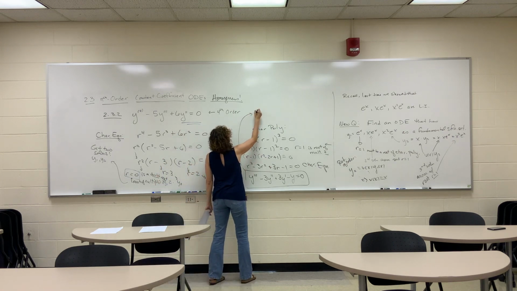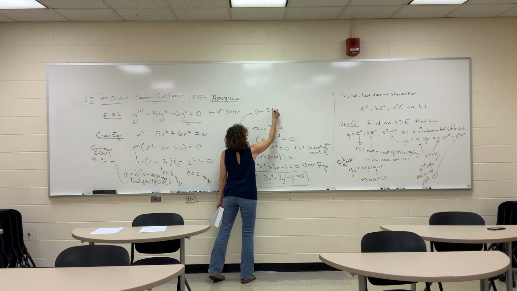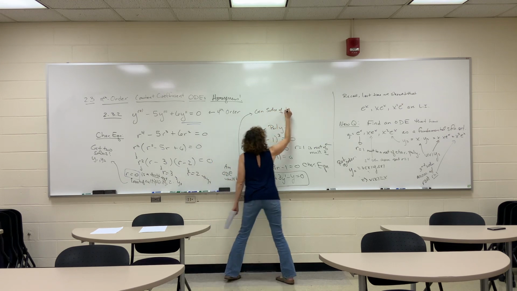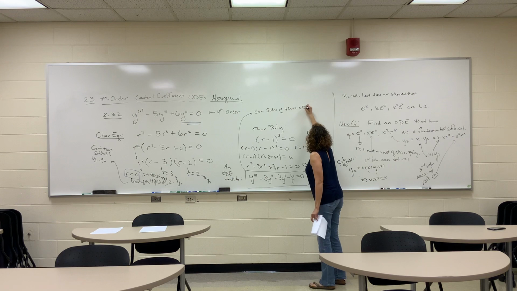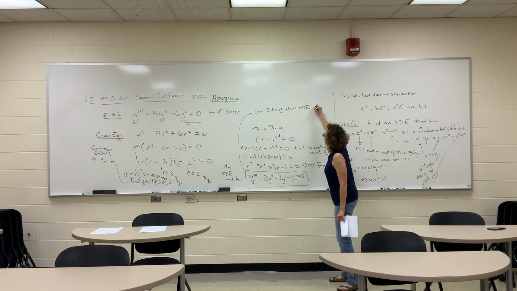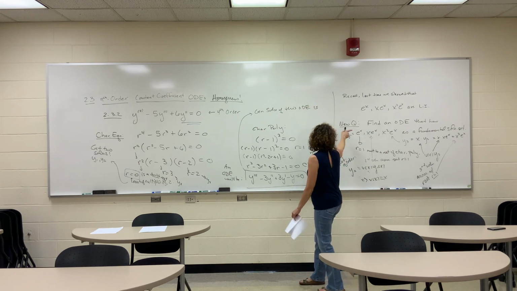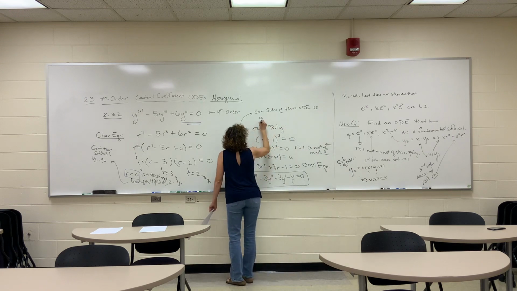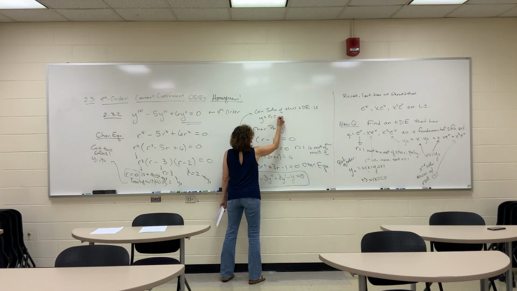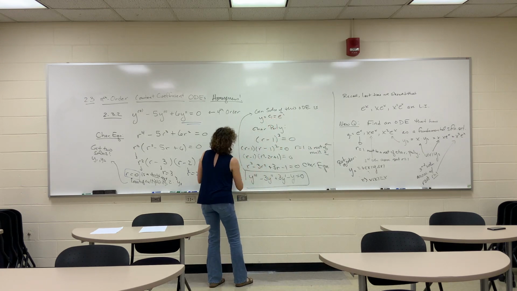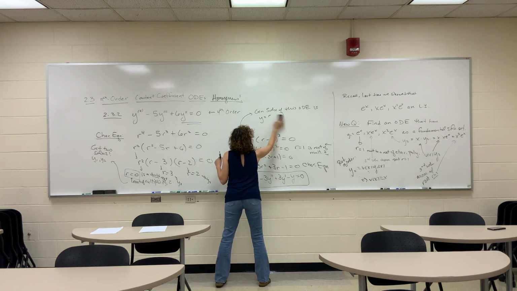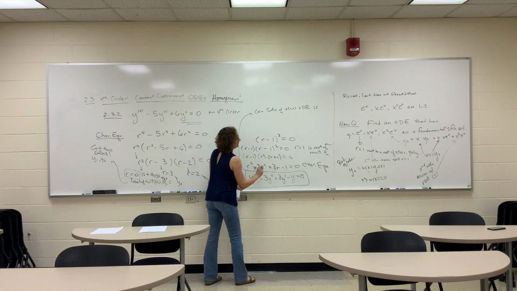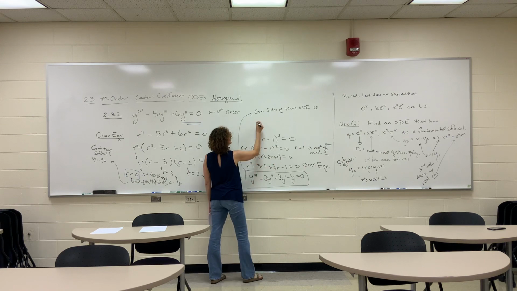So we know from what we just did that the general solution of this ODE is what? And there's our guys. Let me just erase that so I have more space. There's our 3 solutions, our fundamental solution set.